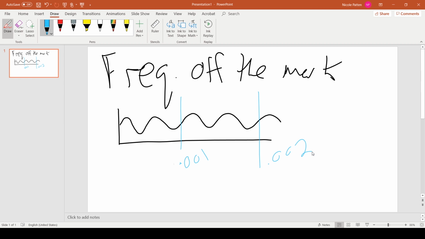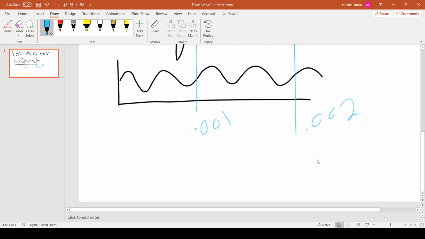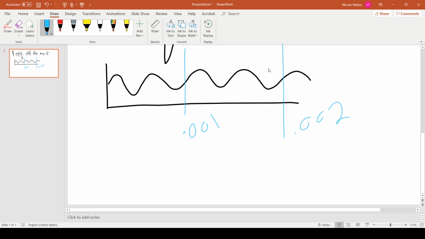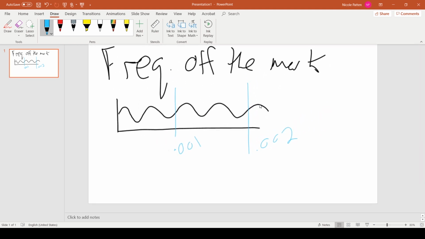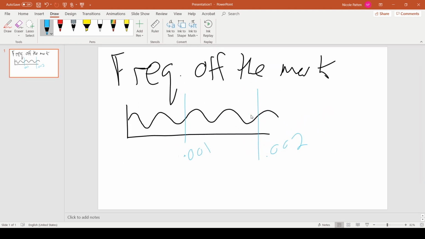So the resolution here is in the scale of 0.001, 0.002. They're not giving us anything less than that.